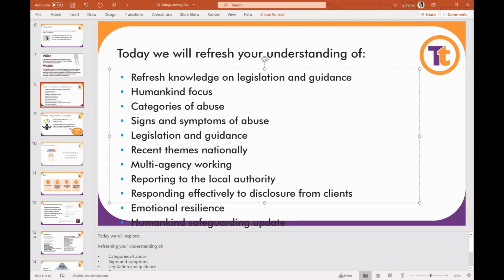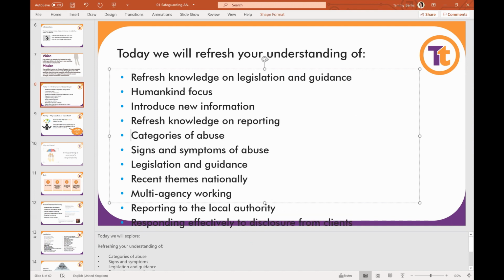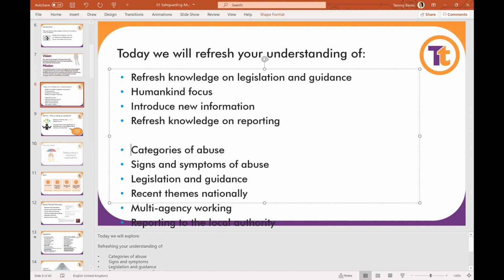Then it would be introduce. And then it'd be refresh knowledge on reporting, wouldn't it? Something along those lines.